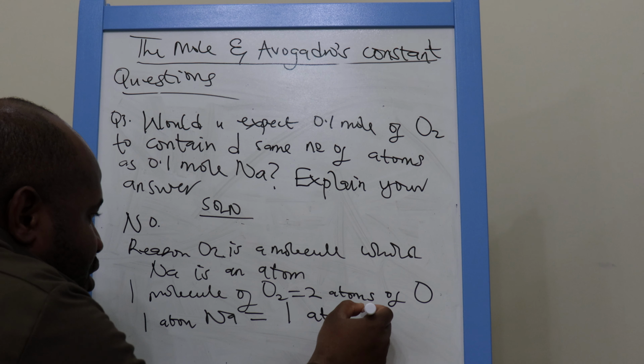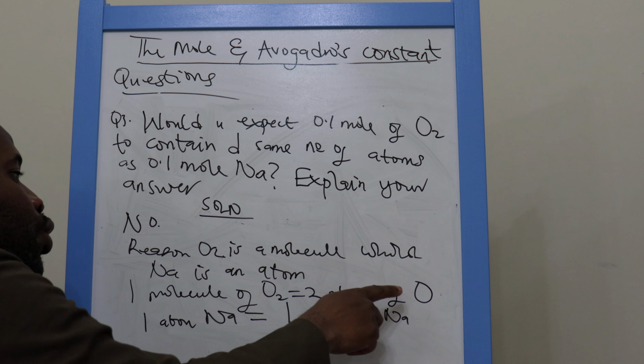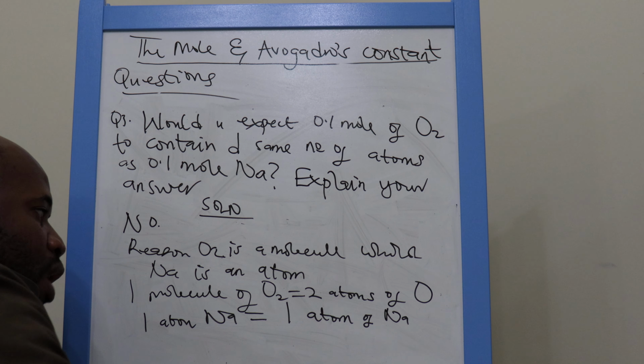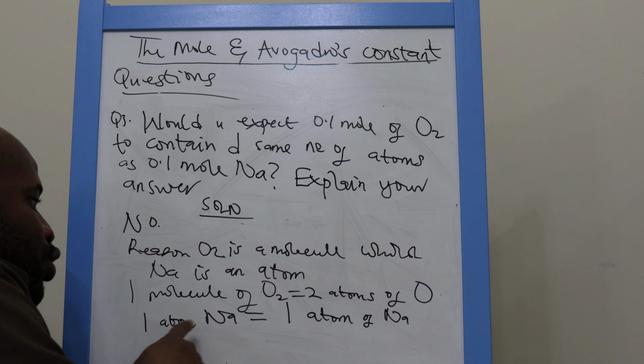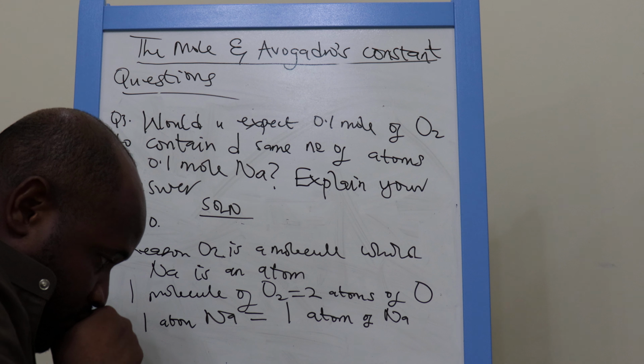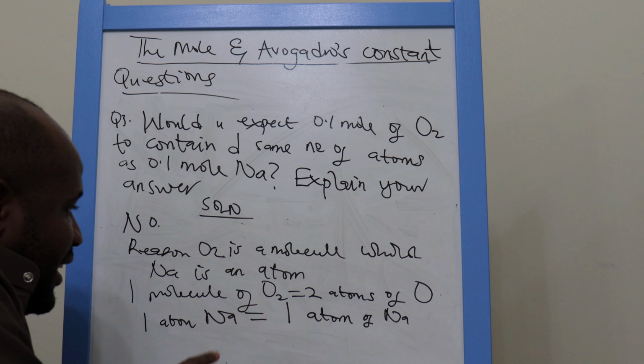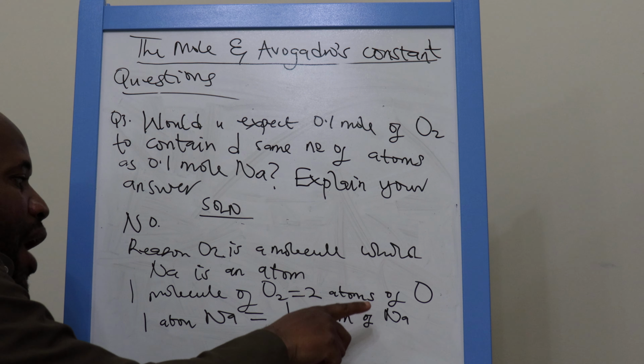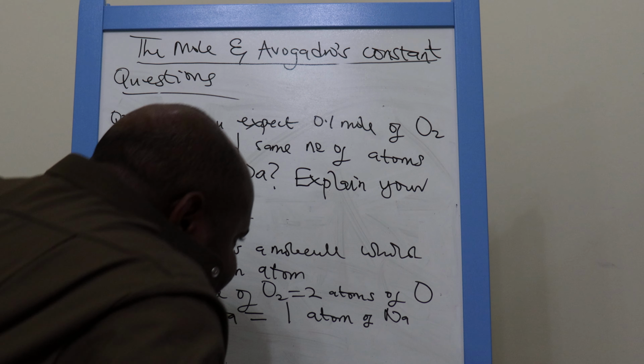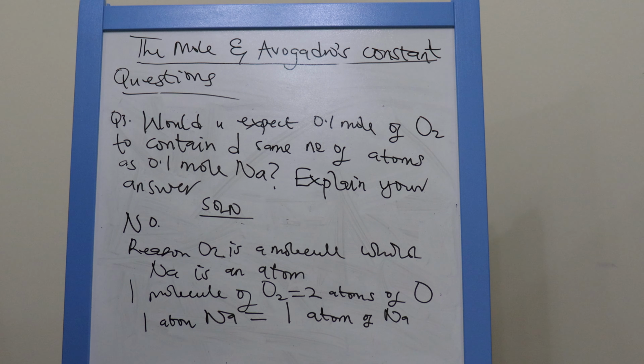So if the molecule comprises 2 atoms, and the sodium comprises 1 atom, definitely the number of atoms is not going to be the same. Certainly you can see that this one will have twice the number of atoms as this. So hence it can't be the same.